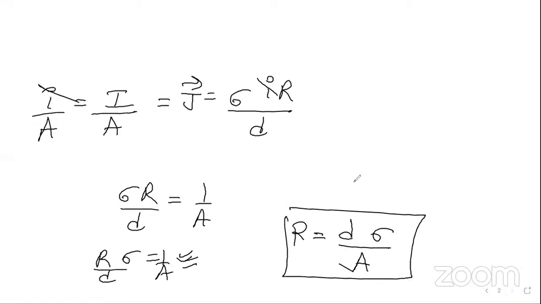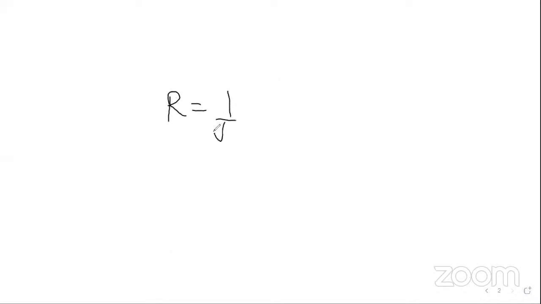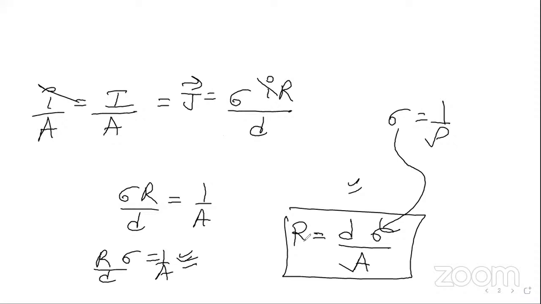And you know one thing: in the previous PPT we studied that sigma is equal to 1 upon resistivity. Now put this in, and the next thing that comes is R equals 1 upon rho into D by A. I made a small error here, students. I have written this wrong.